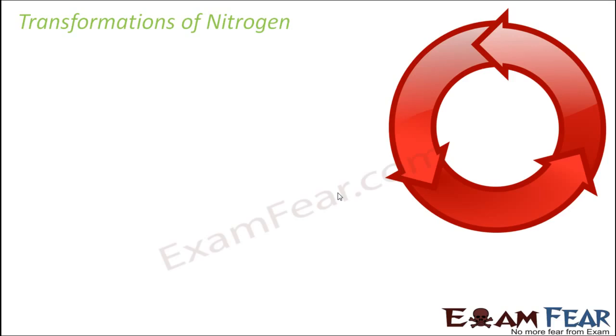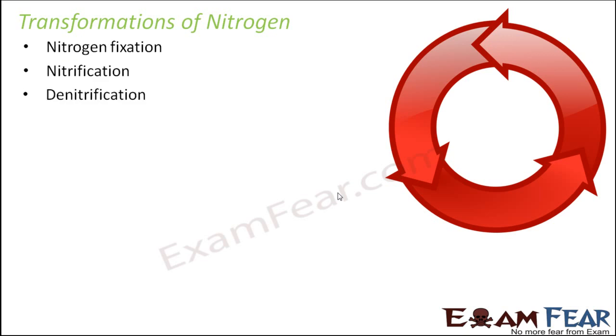Some of the important processes which together constitute the nitrogen cycle are nitrogen fixation, nitrification, denitrification, and ammonification. We will discuss all these four processes. Before we talk about the nitrogen cycle as a whole, let us first talk about each of these processes, because if you understand all four, understanding the nitrogen cycle will become very easy.